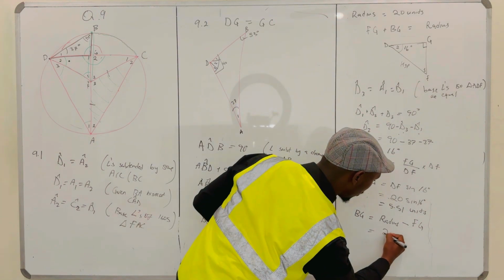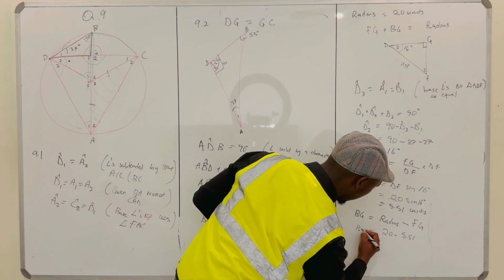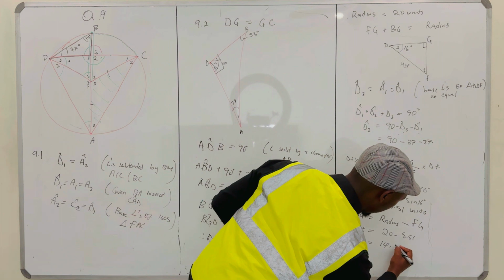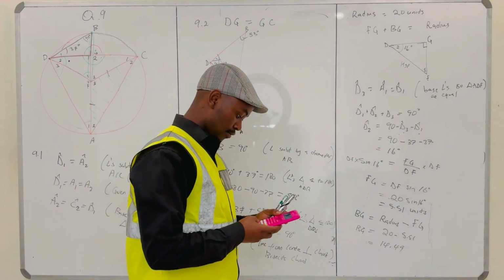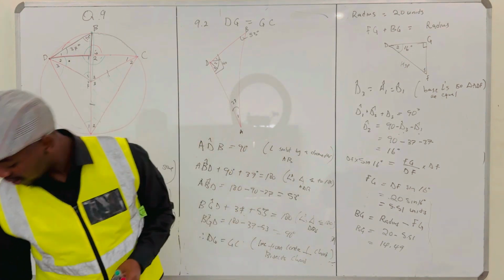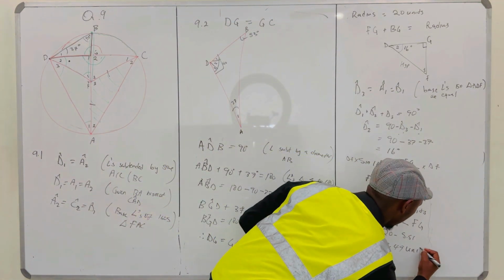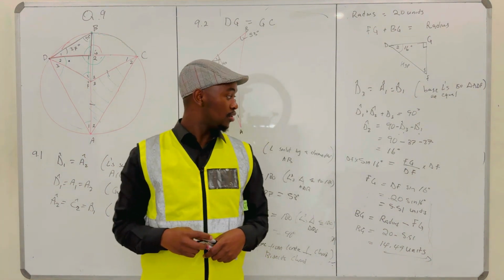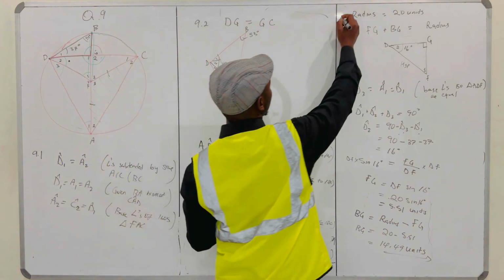This is going to be 20 units minus 5.51, which is 14.49 units. All right, so that is the solution to our question 9.3.